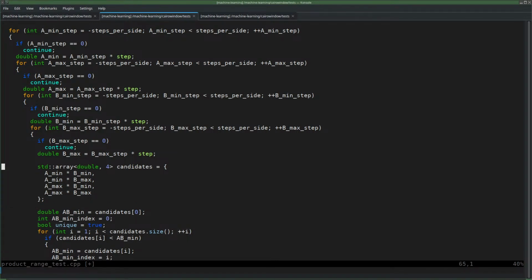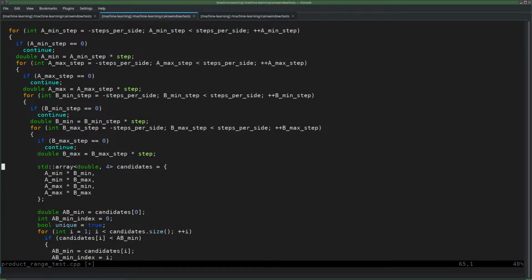I determined before, which is probably also logical, that it is one of these four. So the minimum can be one of these four, and the maximum can be one of those four. My question is, which one?